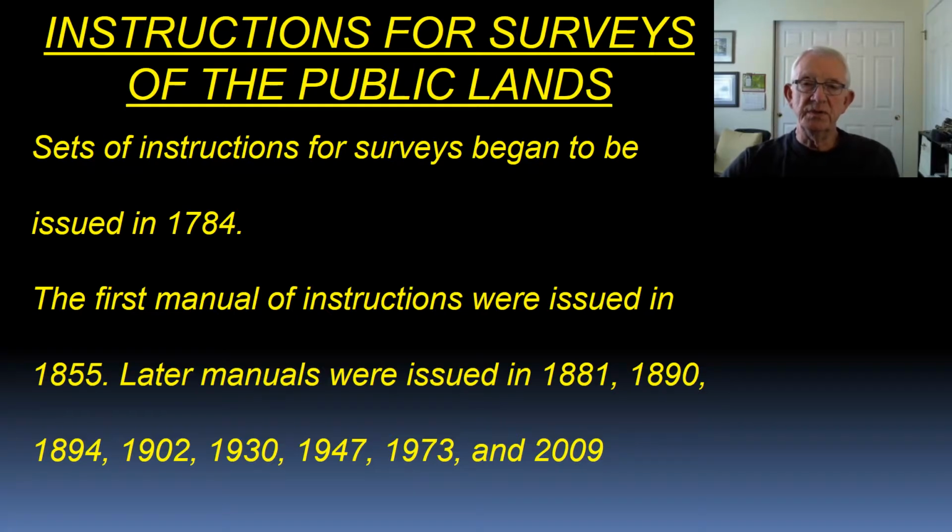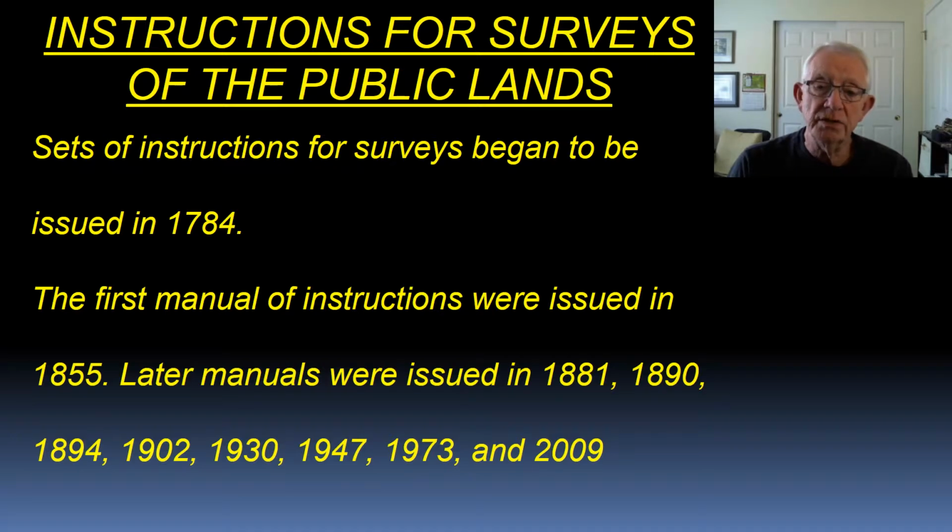When this system was first developed, the Surveyor General of the United States would write instructions to his surveyors in the field to explain to them how to do a particular survey in that area. Now, as the system progressed, they went from just writing instructions to individual surveyors to creating manuals. The first manual was written in 1855, and actually it covered the surveys for Washington and Oregon.